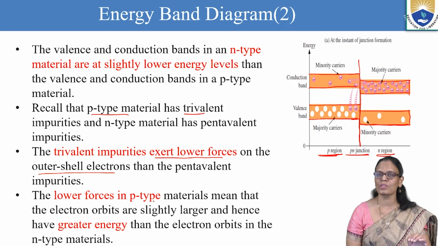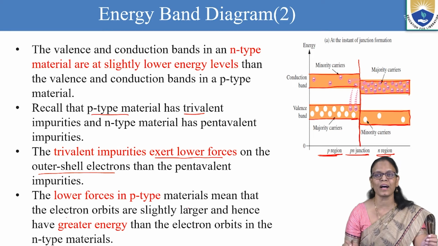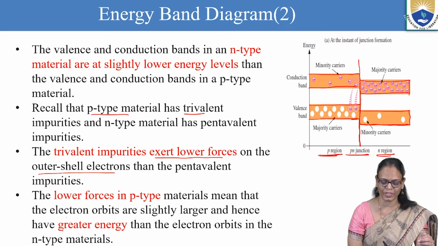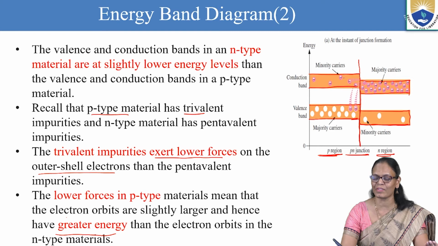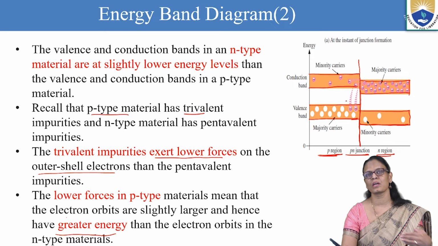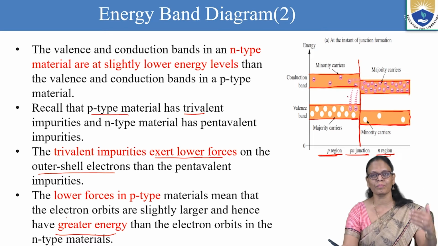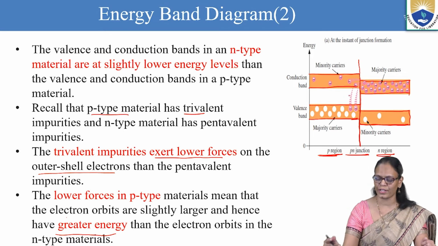Lower forces mean that the electron orbits are slightly larger and hence they have greater energy. This is the reason for the P side having higher energy levels compared to the N region. N is always at a lower level compared to P because there are lesser forces exerted on the valence electrons, so they have larger orbits and therefore more energy.